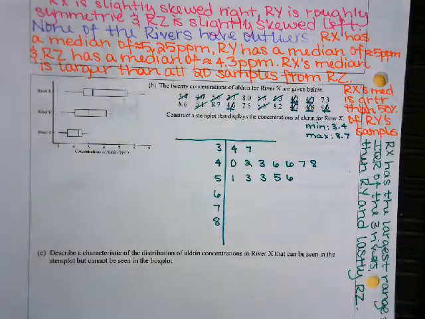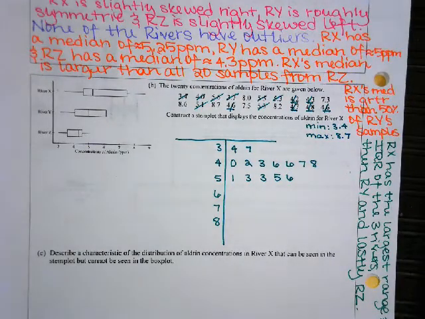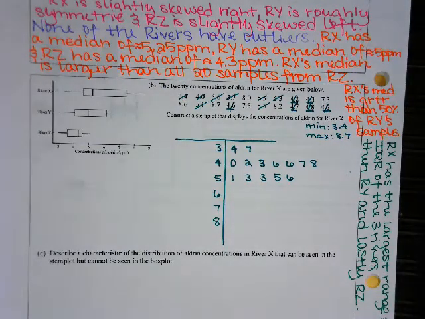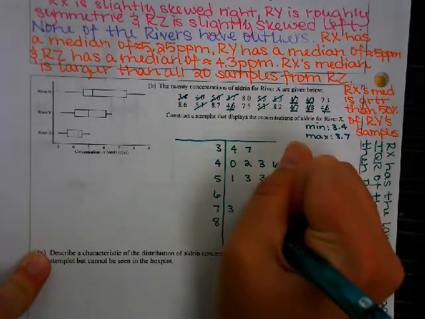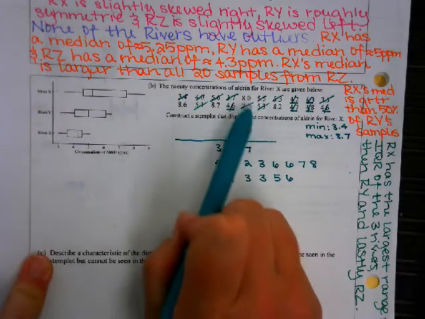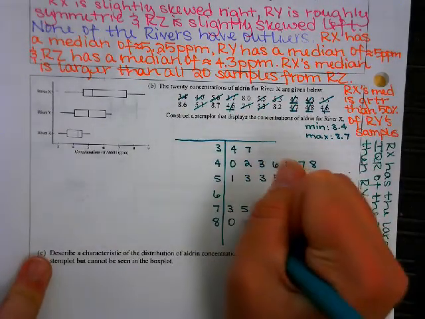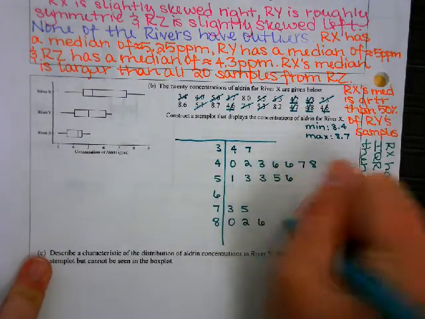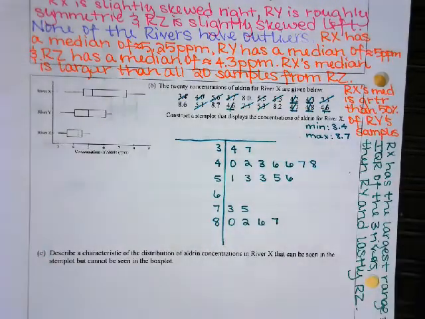No 6s. Then we have a 3 and a 5 for 7. And then we have 0, 2, 6, 7. What else do you need to do with a stem plot?